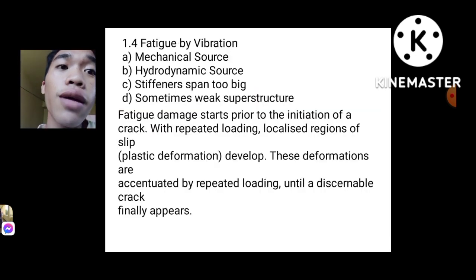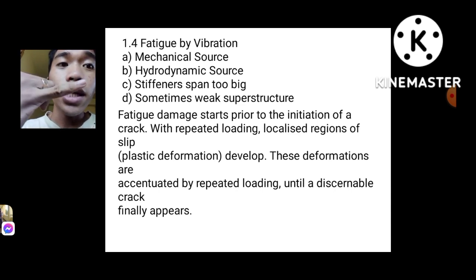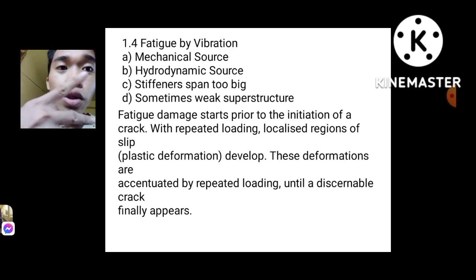So the fourth is fatigue by vibration. We have mechanical source, hydrodynamic source, stiffener fan, and sometimes weak superstructure.